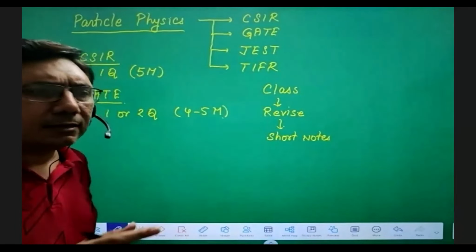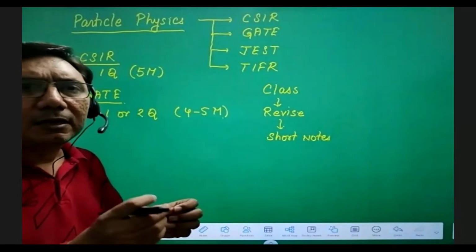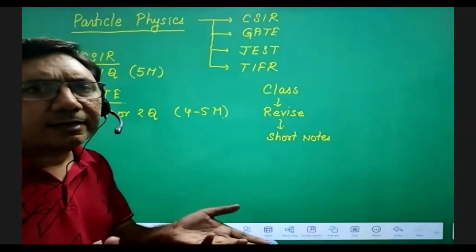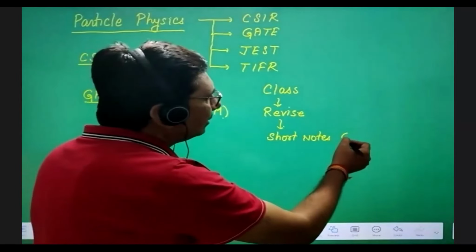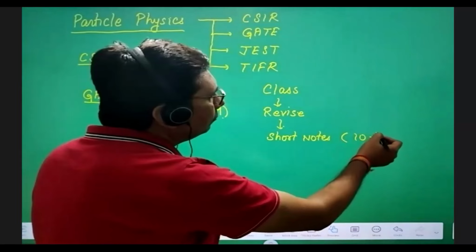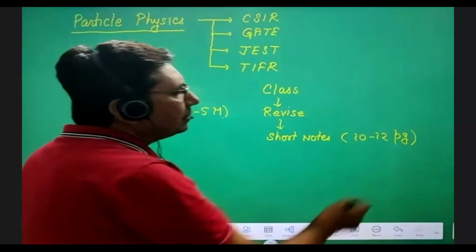Short notes is not like this, where you make complete notes. Complete particle physics should be within 10-12 pages. Short notes means you should have complete particle physics in 10 to 12 pages, not more than that. What will be the advantage of this?